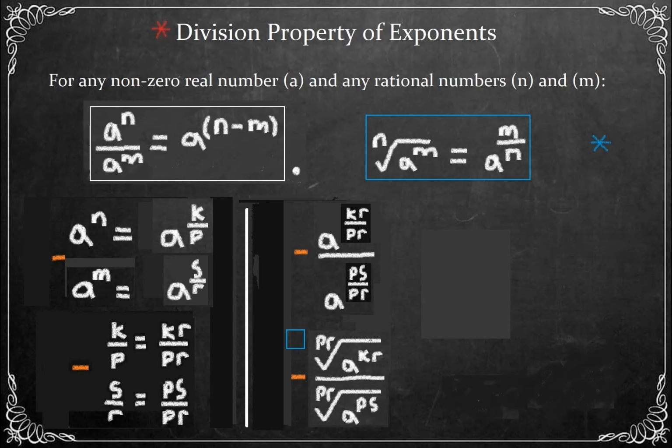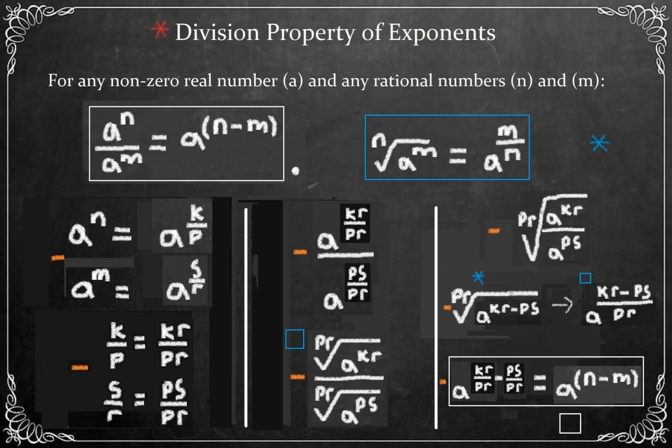Nice. Observe the third column, first orange bullet. We use the quotient rule for radicals, which we just discussed, to put the entire term under the radical symbol. Second orange bullet. We use the blue asterisk to rewrite the term under the radical because kr and ps are just integers. What naturally follows, we know just implies the blue box.